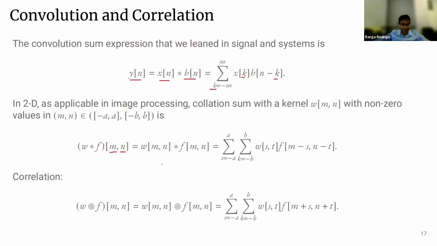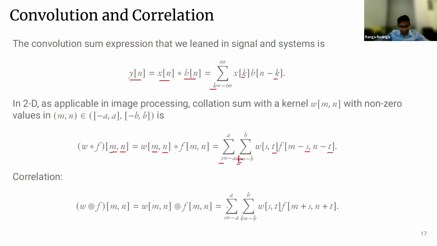If you don't understand it, this is okay, because this is not a convolution class. So those running variables are s and t. So you can see this is how the 2D convolution happens.